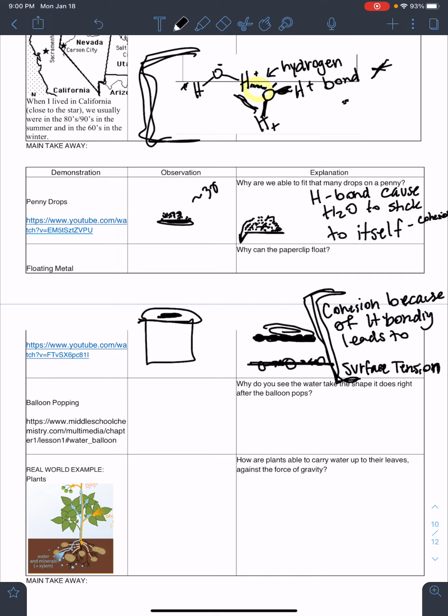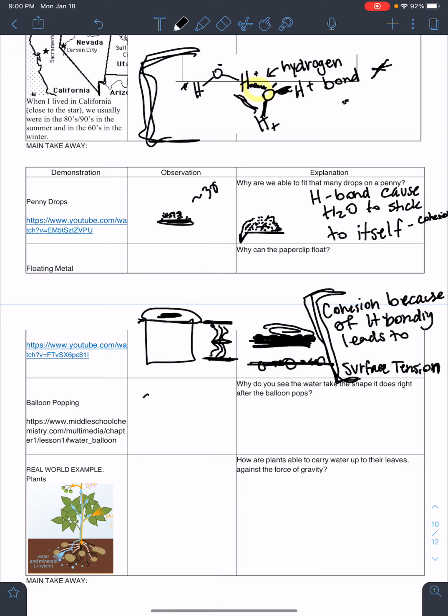This is also why, if you've ever seen those bugs that can float on the water, they are floating because of that surface tension. That's caused because the hydrogen bond between these molecules is causing it to be really tight on the top and have that tension.